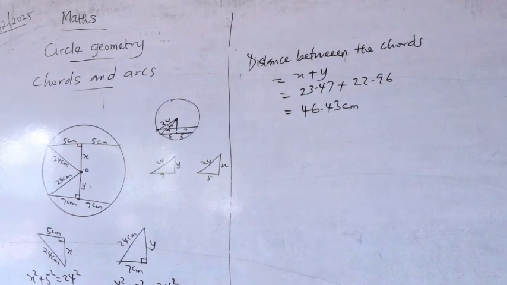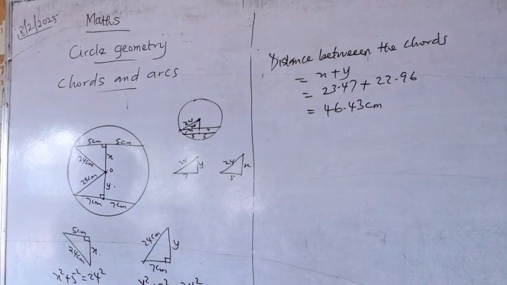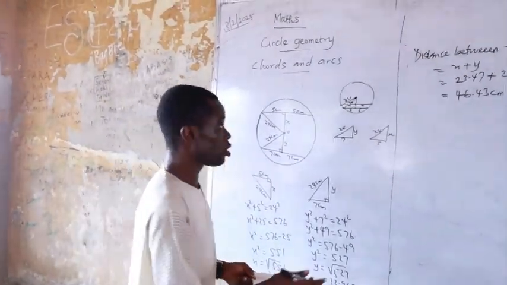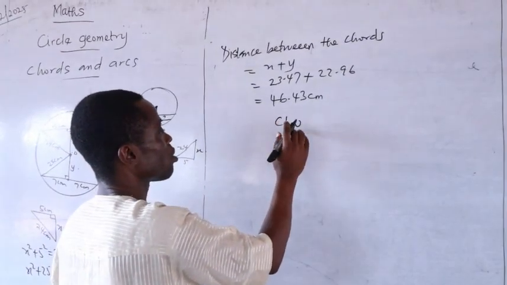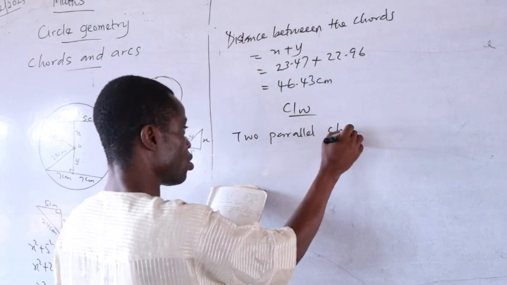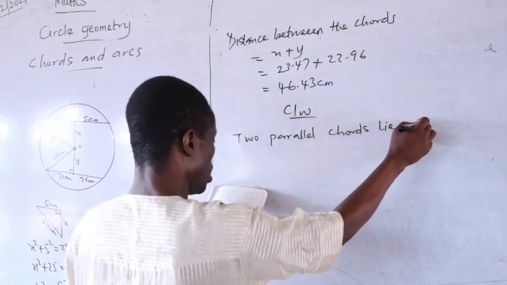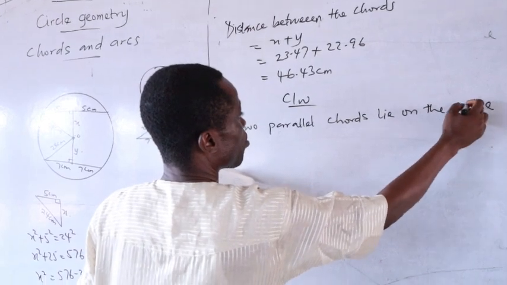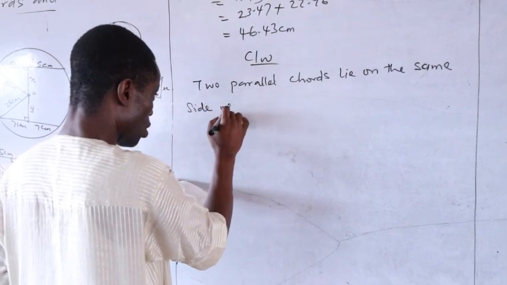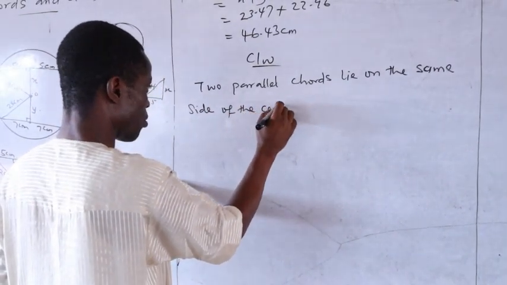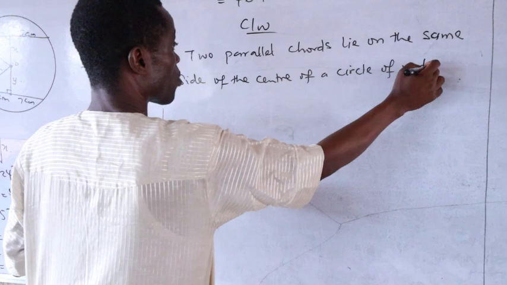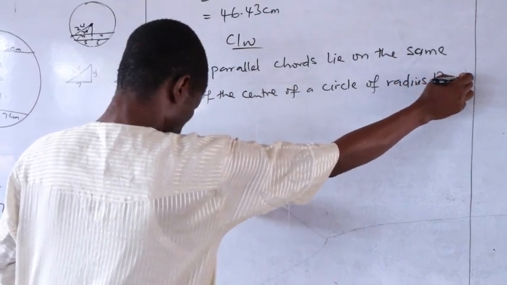Before you go to the next one, I would like to give you class work on this. The question is, let me write it on the board. Two parallel chords lie on the same side of the center of a circle of radius 13 centimeter.